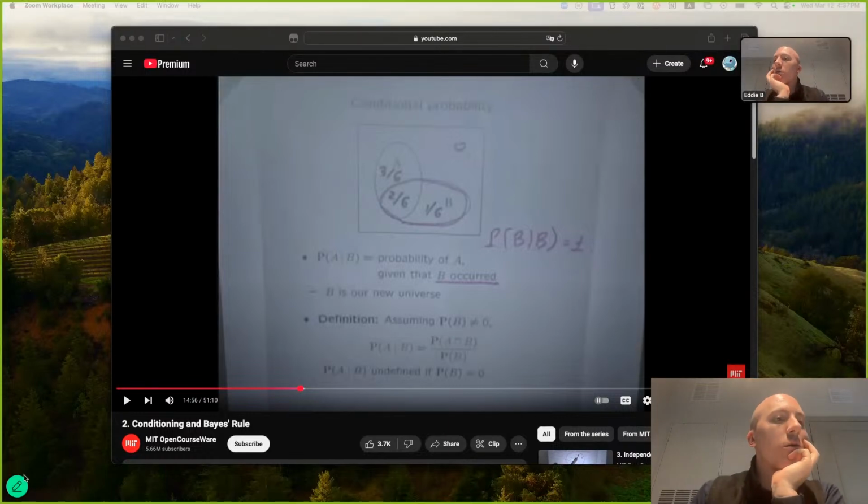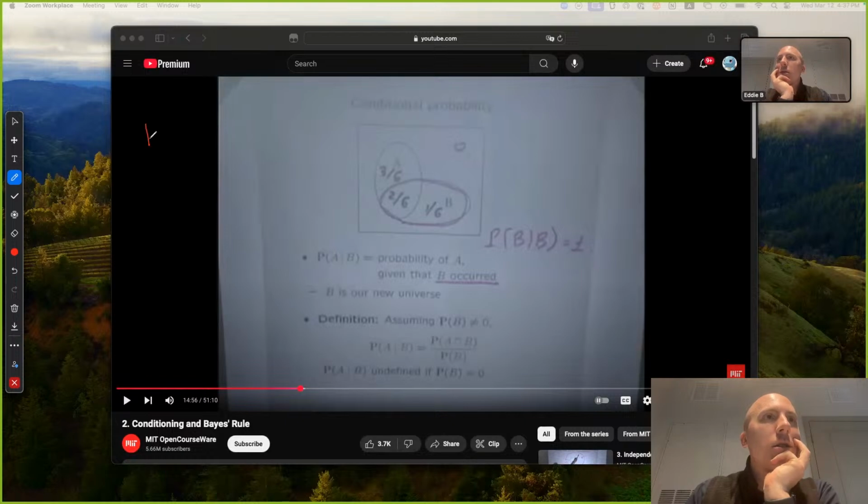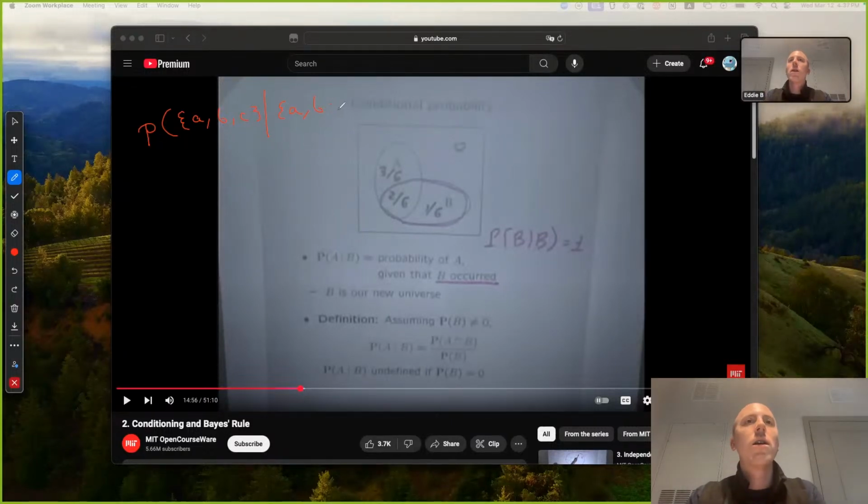Okay, so if we see like the probability of, say, for example, ABC given ABC, I kind of want to just get an intuition for comparing the left and the right here.